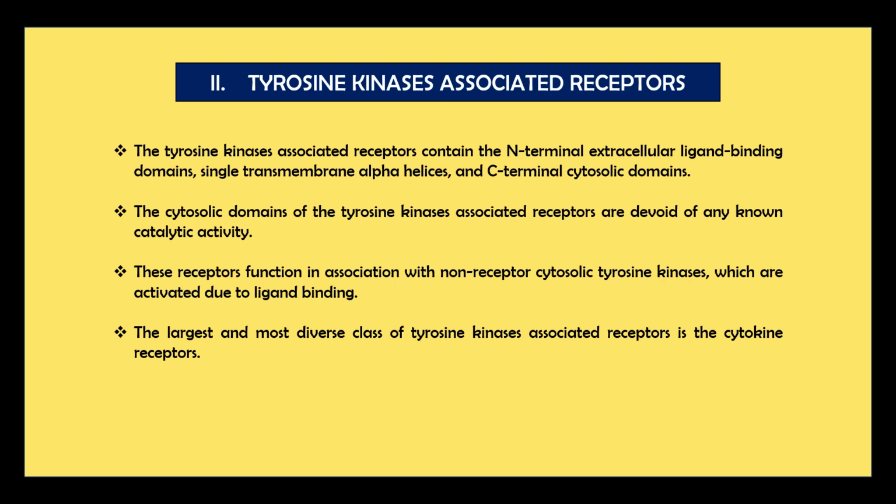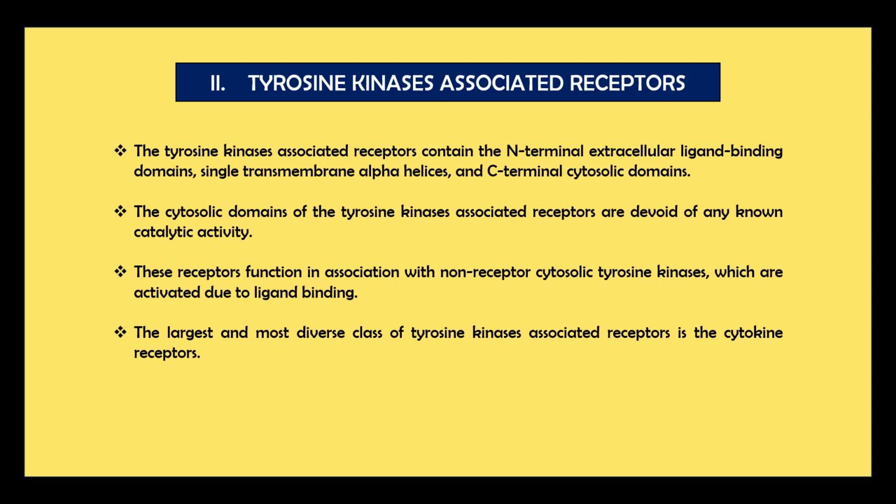And a variety of receptor classes belong to this category, including the receptors of antigen and interleukins of lymphocytes, integrins and receptors for various cytokines, and some polypeptide hormones. The largest and most diverse class of tyrosine kinase associated receptors is the cytokine receptors.